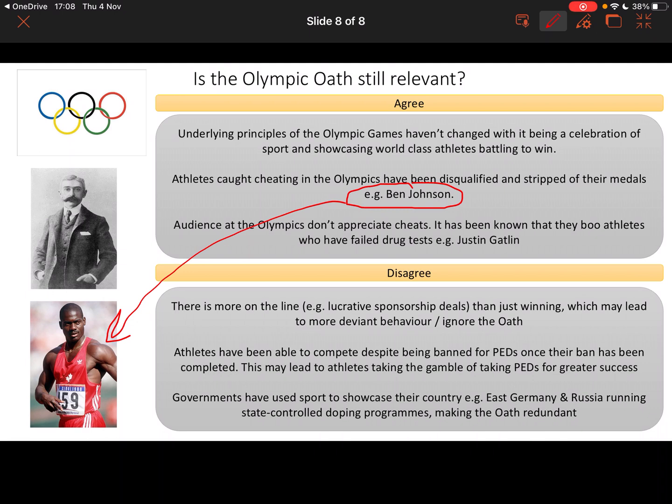He was actually the gold medalist. He won the 1988 Olympic 100-metre final. Two days later, he failed a drugs test for anabolic steroids. He was then disqualified and stripped of his medals after that positive doping test. So therefore, you could argue that the Olympic oath is still relevant because drug cheats who are caught are stripped of medals and disqualified.